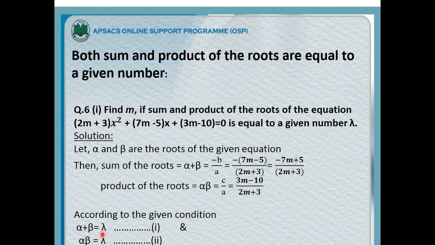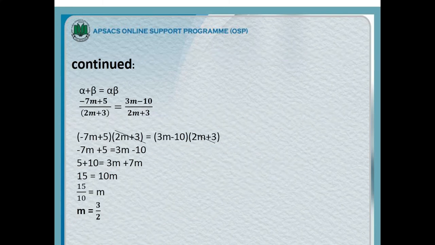If we combine these two equations, we get alpha plus beta is equal to alpha beta, and by putting the values of alpha plus beta and alpha beta, we get this relation. By cross multiplying, we can cancel out 2m plus 3 on both sides of the equation. So on the left hand side, minus 7m plus 5 is left, and on the right hand side we have 3m minus 10.